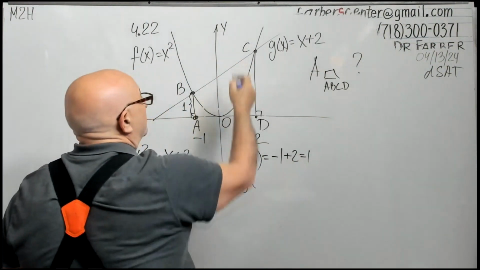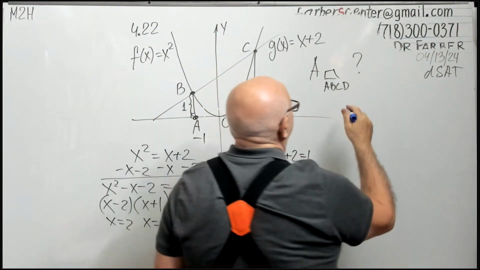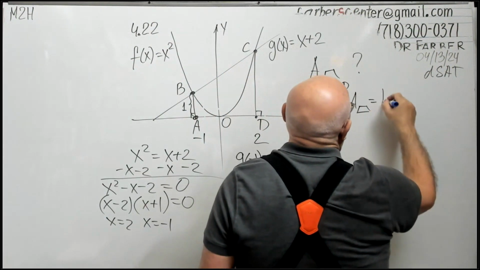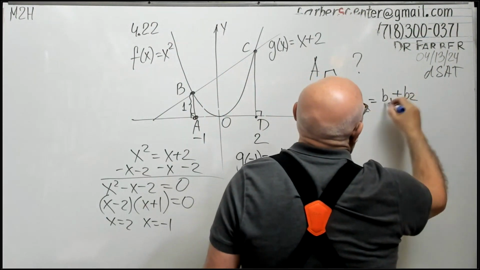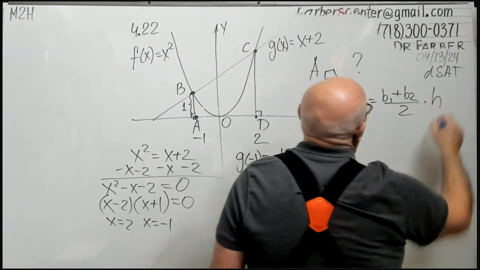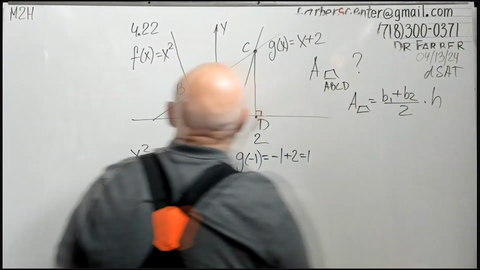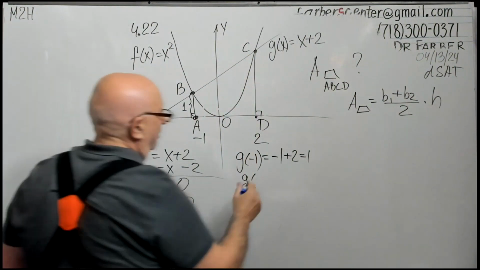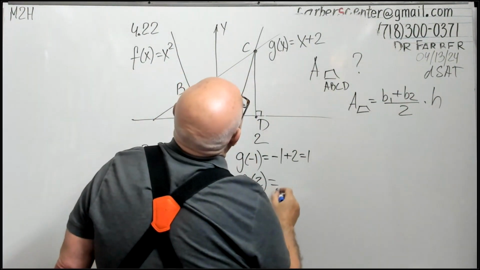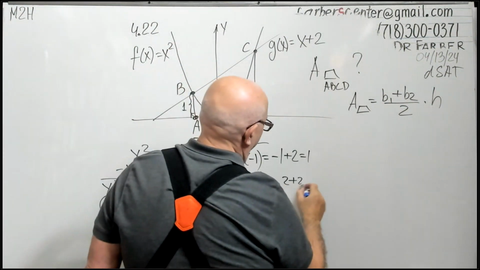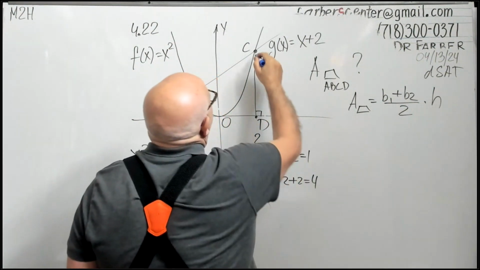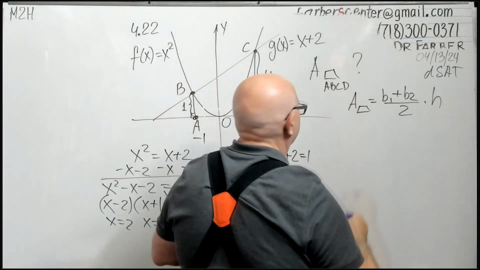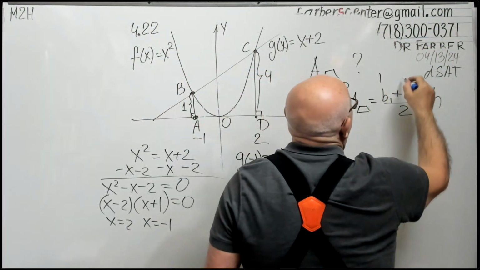Because this is a trapezoid. Only think about your goal. Area of trapezoid equals base 1 plus base 2 divided by 2 multiplied by height. We have base 1. Now, if you plug in 2 here, it would be 2 plus 2, which is 4. So this is 1. This is 4.